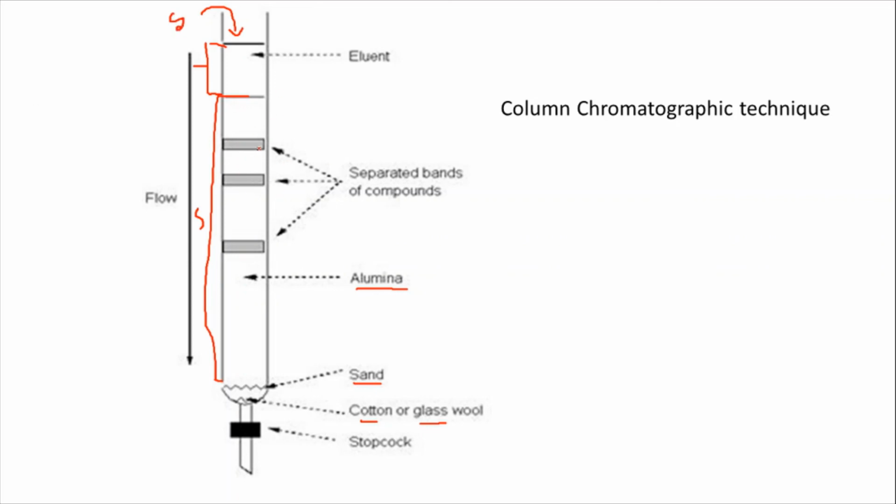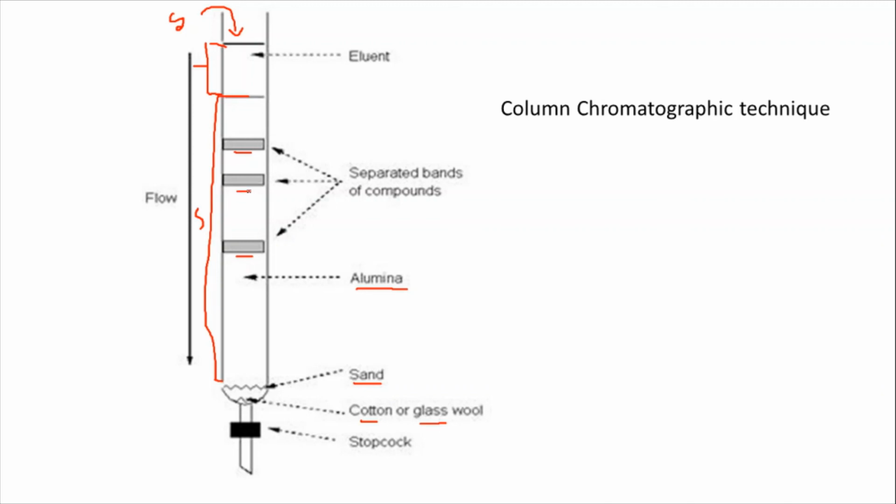After separation, maybe three bands are observed. This band is not effectively interacted with the stationary phase and mobile phase, so it has lesser affinity and can migrate faster. Compared to this, the band containing molecules with higher affinity to the stationary phase and mobile phase, and this one with medium affinity.